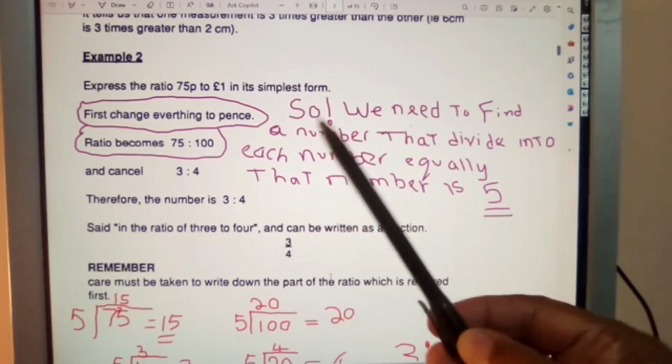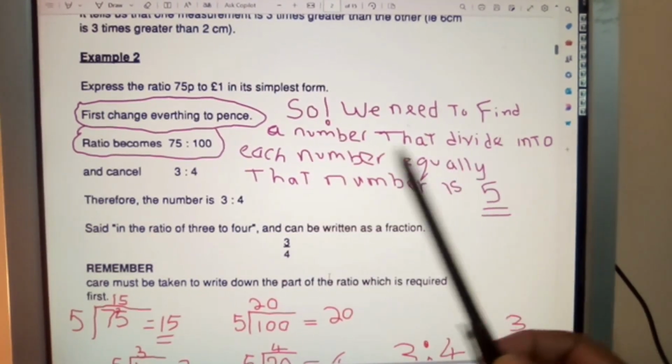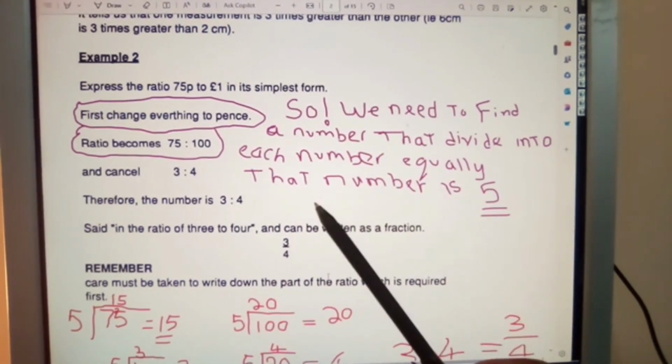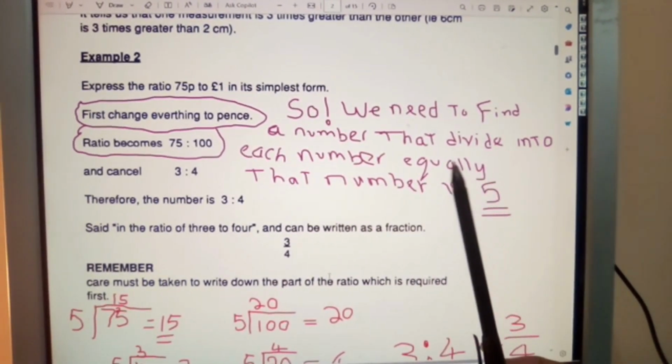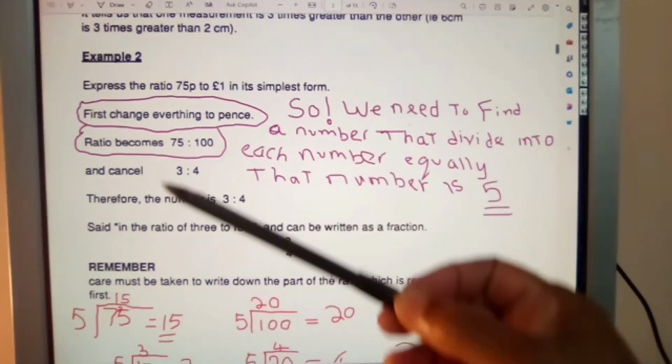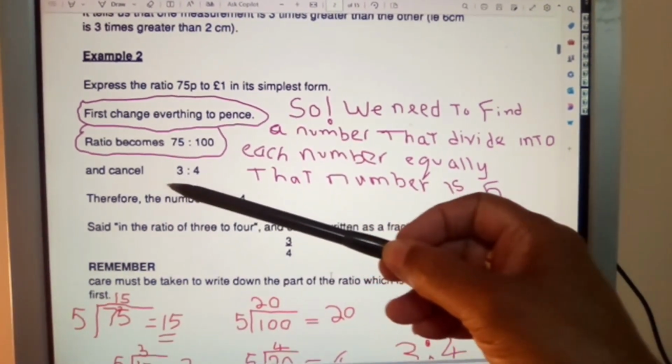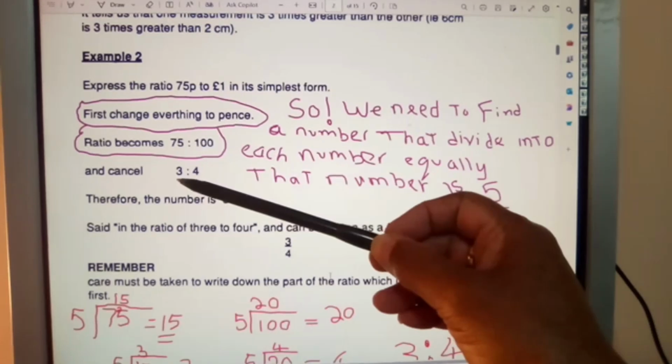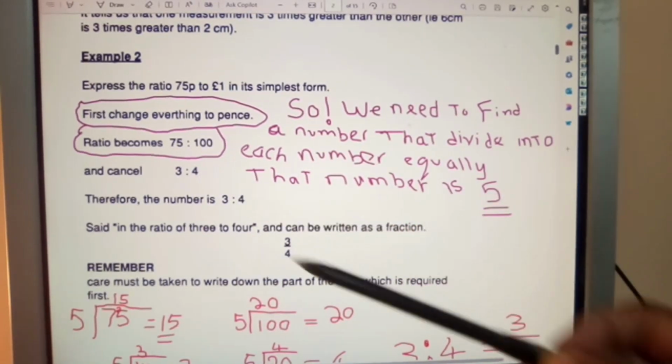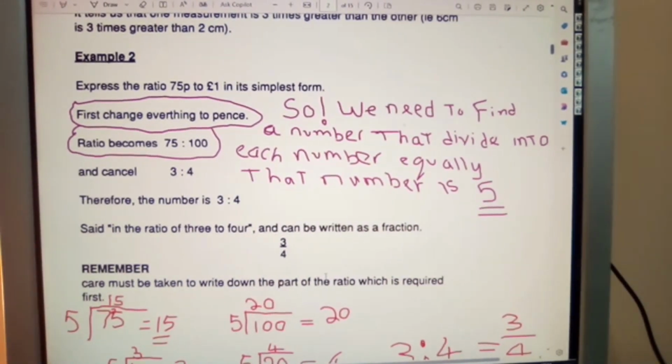We need to find a number that would divide into each number equally. That number is 5. So what I've done here is cancel down to 3 to the 4. But let's see why and how we did that.